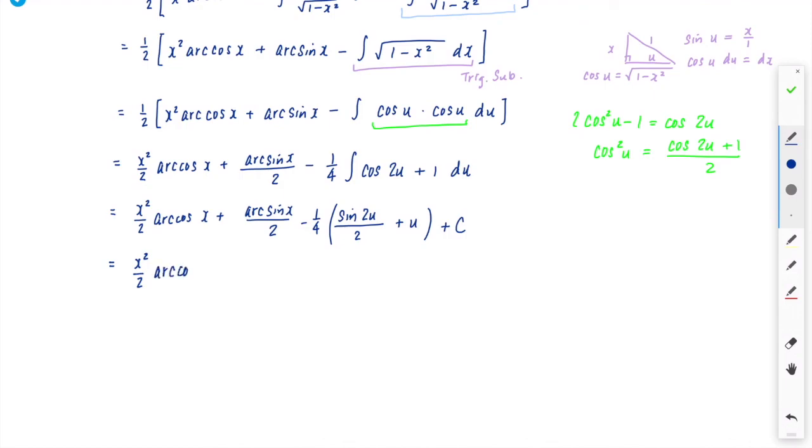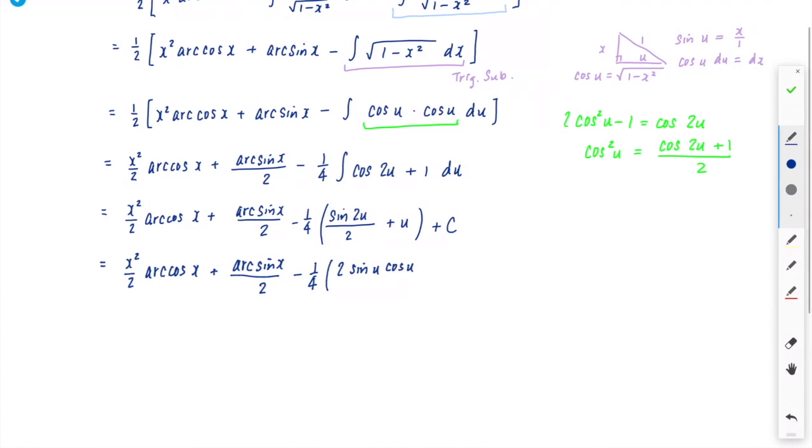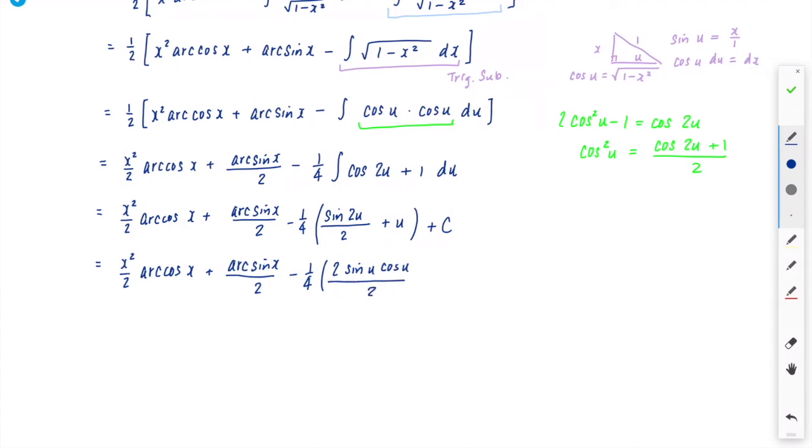Arc cos x plus arc sine x over 2. Now I want to simplify my work as much as I can, and I still need to write things back in terms of x. Don't forget about that. So 1 over 4, instead of sine 2u, I'm actually going to write 2 sine u cos u over 2, plus u plus c.